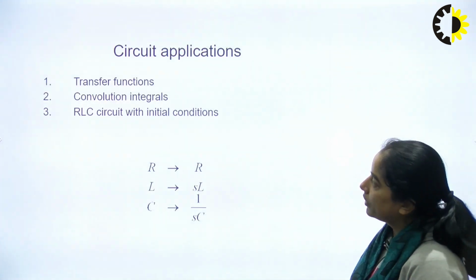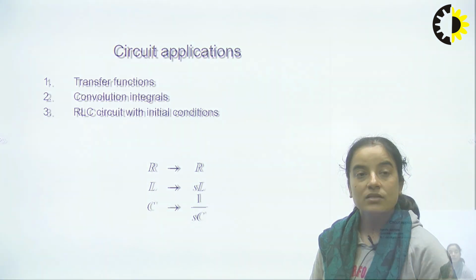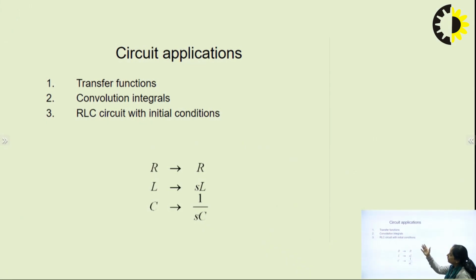So, first we will recall some of the basics. These are the circuit applications where we can easily find out the transfer functions, we can find out the convolution integral, and also we can analyze RLC circuit with initial conditions. With the help of the Laplace transform we can easily include the initial conditions in the network.